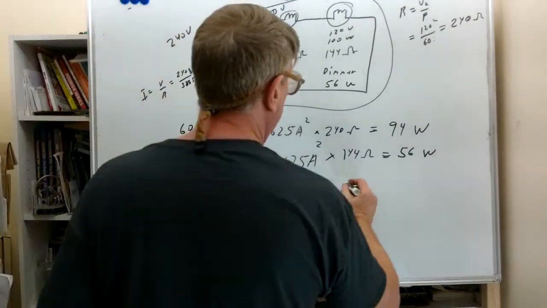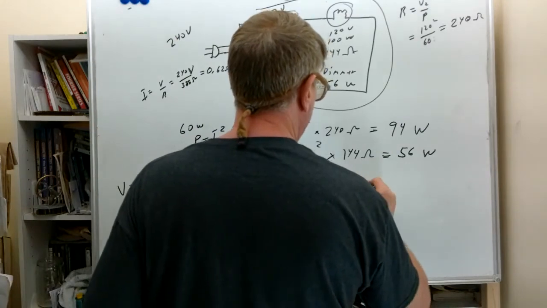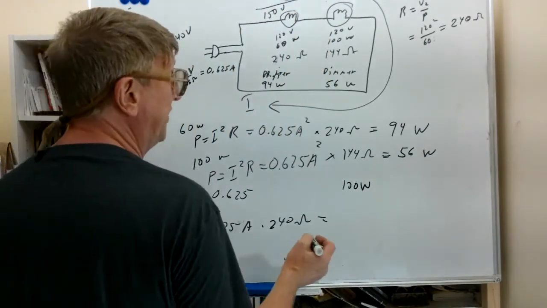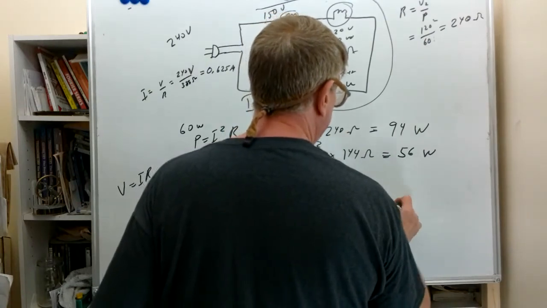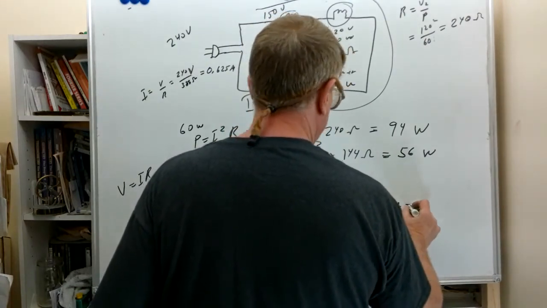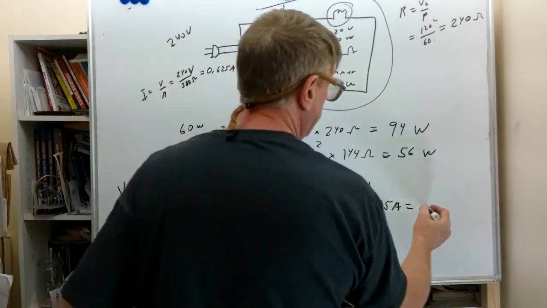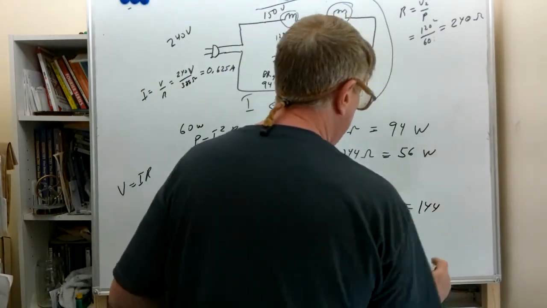Now let's do the 100 watt one. And we're going to use the same formula, voltage equals I times R, and we're going to go with 0.625 amps. And we're going to multiply that times the resistance we got here, which was 144.